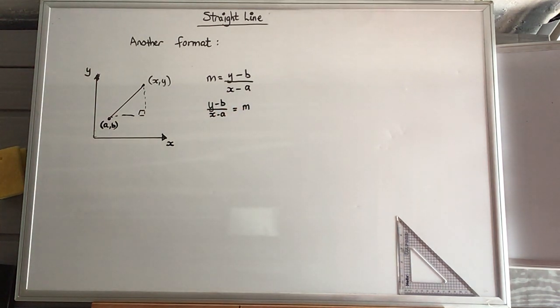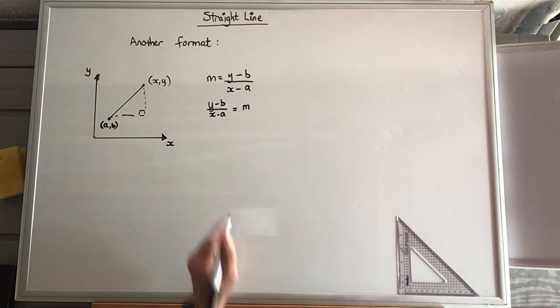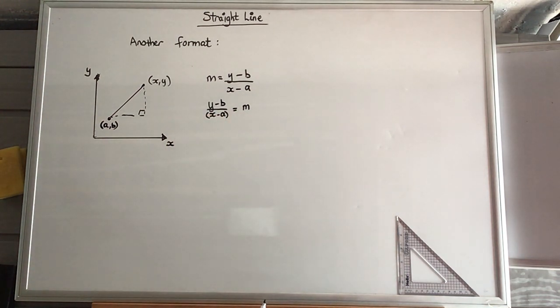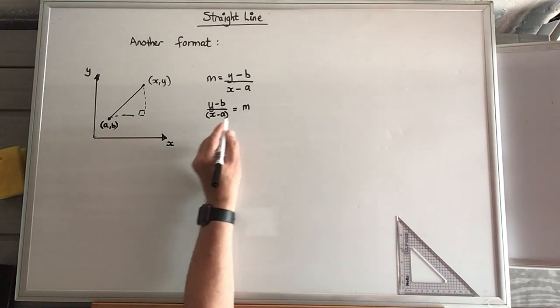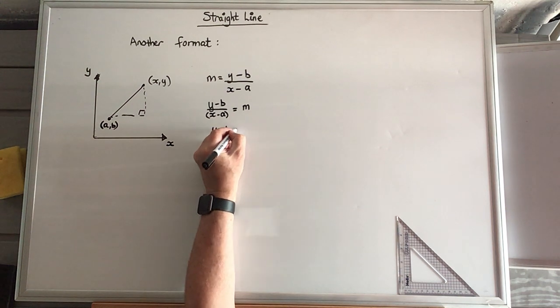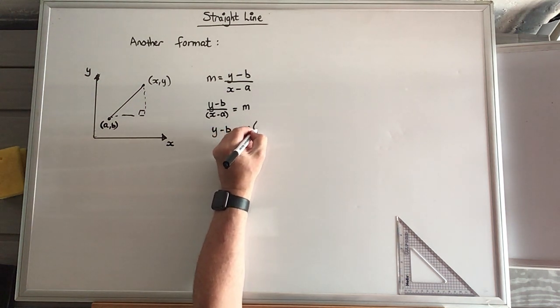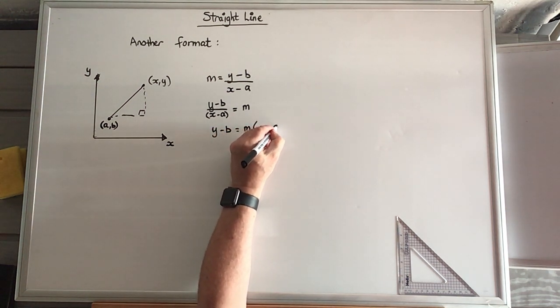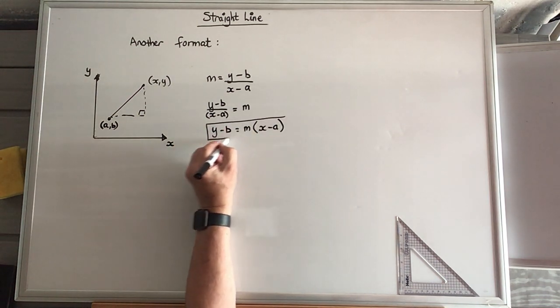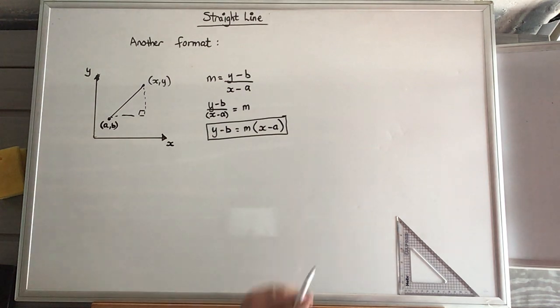And the last wee bit, we don't like fractions, so I'm going to multiply both sides by x minus a. If I multiply both sides by x minus a, I get y minus b is equal to m bracket x minus a. And that's another format for finding the equation of a line.